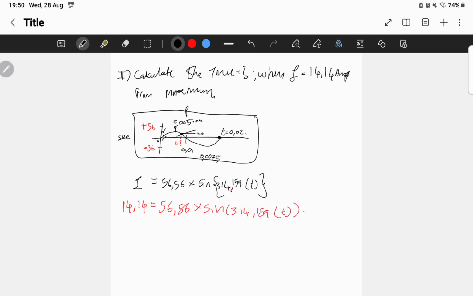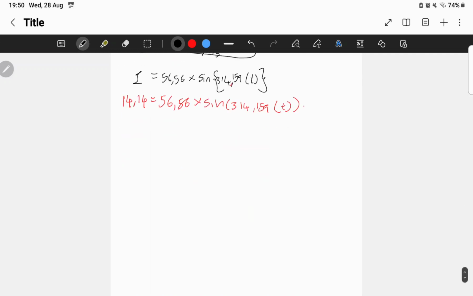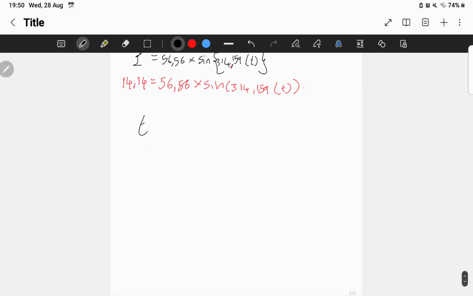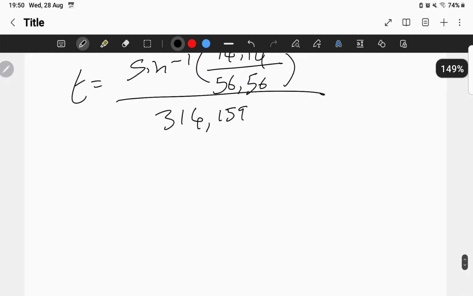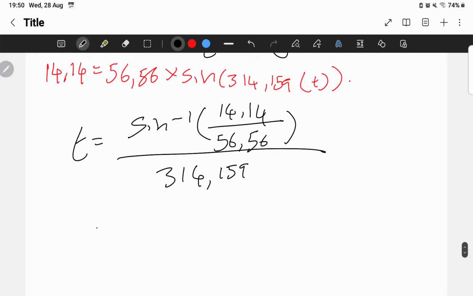So now we're going to manipulate it to find the time. So time is equal to sine to the minus 1, open brackets, 14.14 over 56.56, all over 314.159, right? And that gives us an answer.